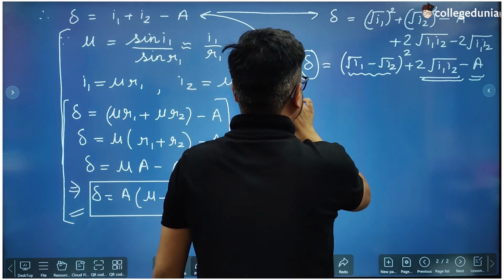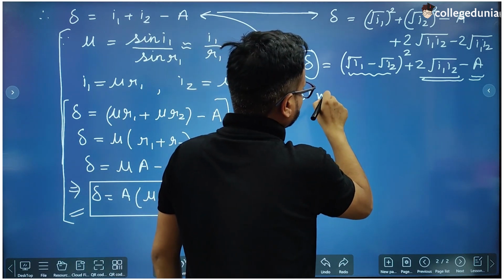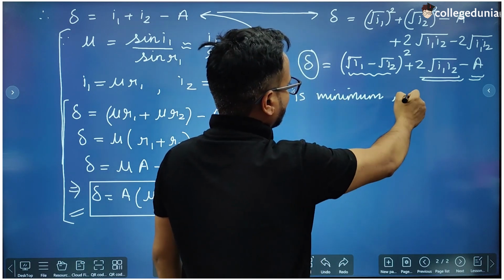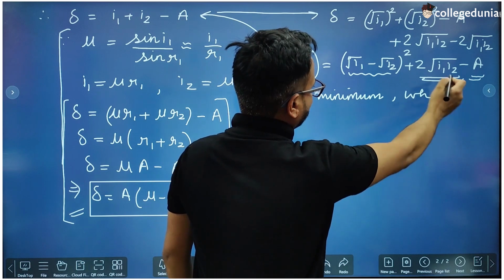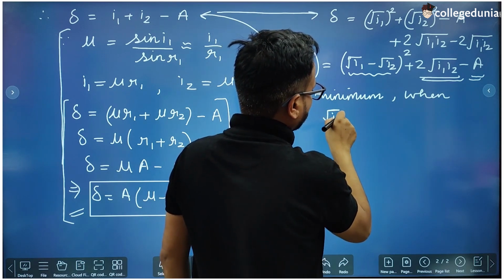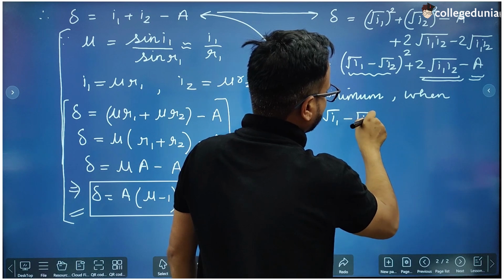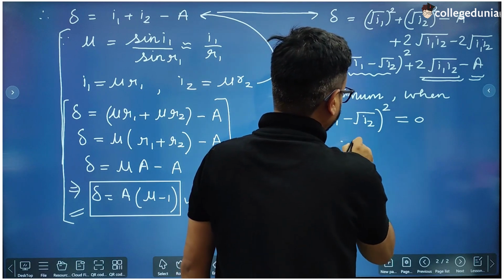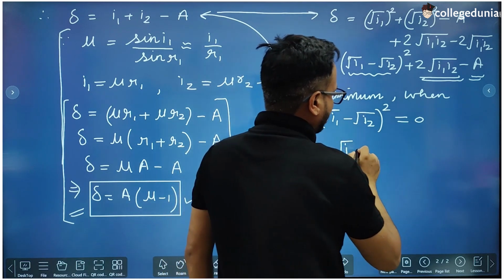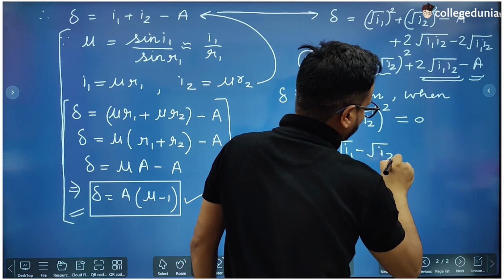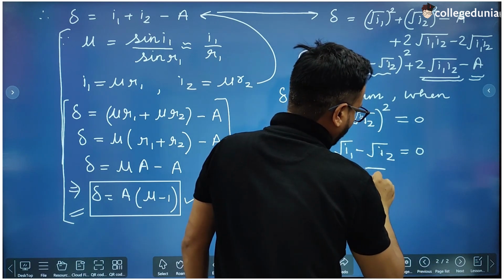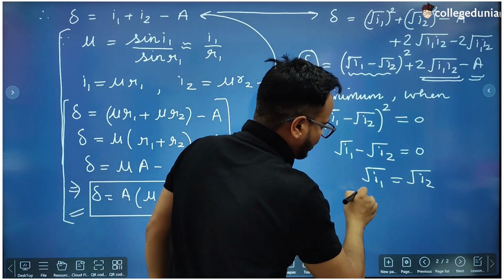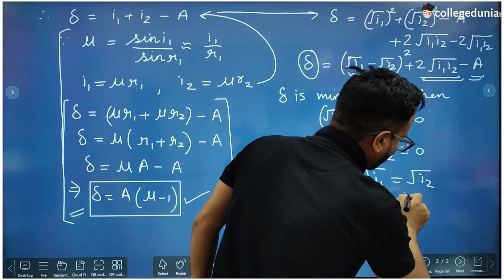So delta is minimum when under root I1 minus under root I2 whole square is 0, or under root I1 minus under root I2 is 0, or under root I1 equal to under root I2, or I1 equal to I2.